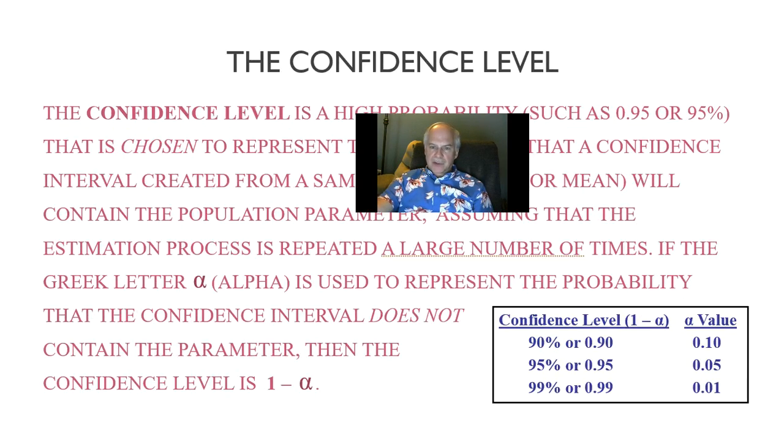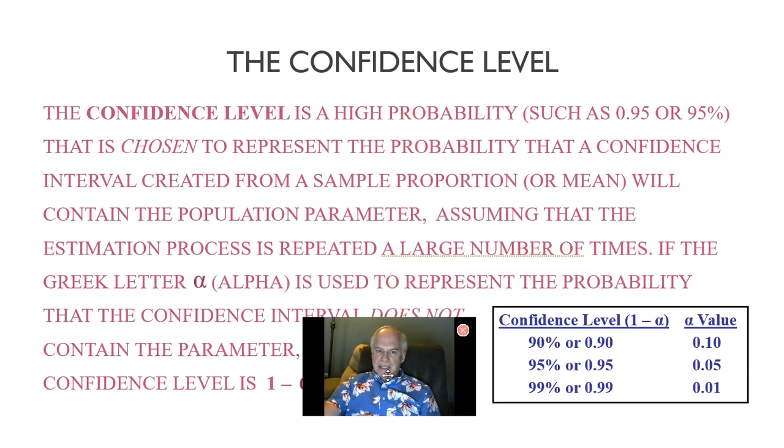Now, first of all, there's an idea called the confidence level. It's a high probability, such as 95%, that's chosen to represent the probability that a confidence interval created from a sample proportion or mean will contain the population parameter. It's assuming that the estimation process is repeated a number of times.